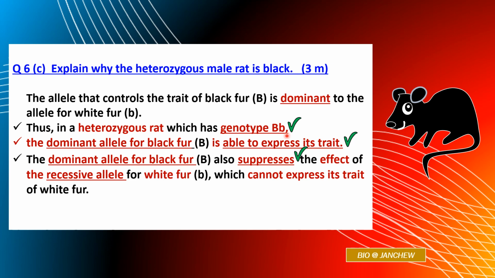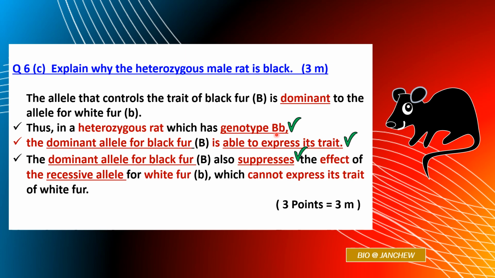Although this heterozygous rat has the genotype big B, small b, only the allele big B is able to express its trait. The dominant allele will suppress the effect of the recessive allele, small b, the allele for white fur. So no white fur will be produced.